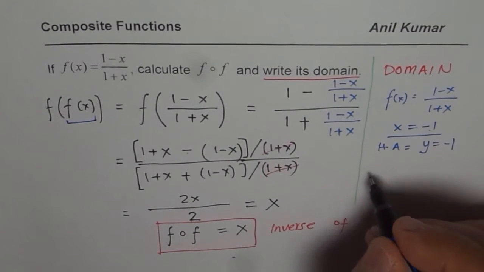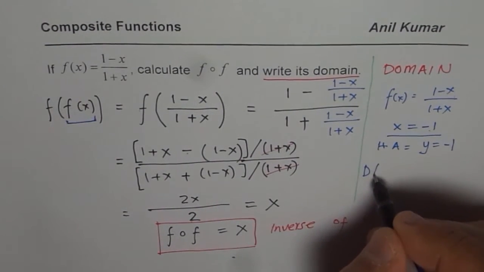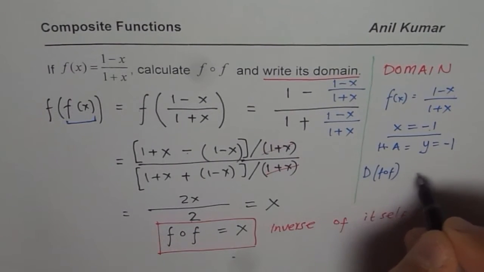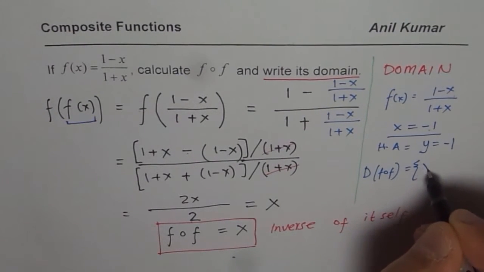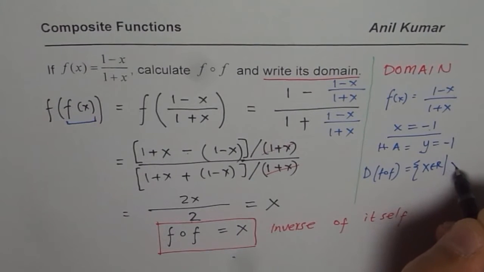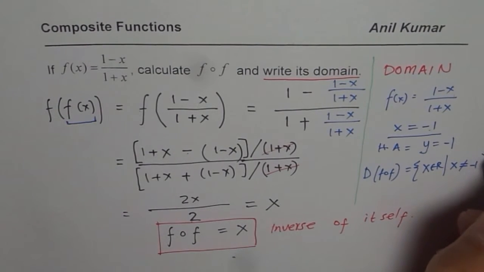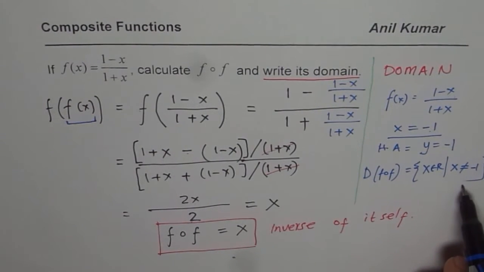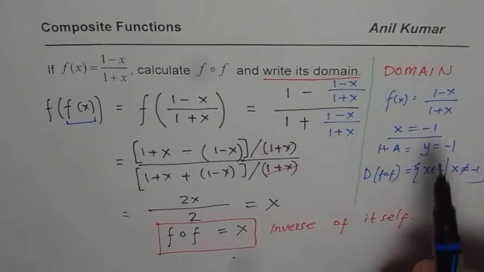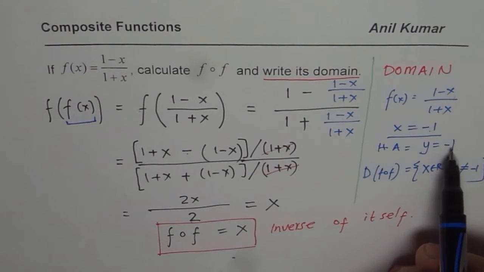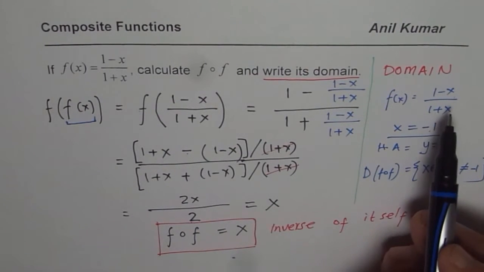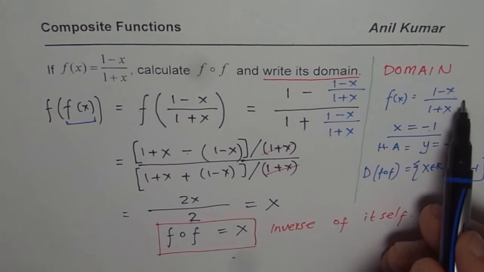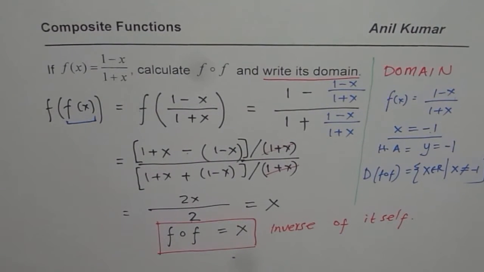So we can write the domain of this function of function as x belongs to real numbers where x is not equal to minus 1. It is important, however, to always check that the range of the inner function follows the domain of the outer function, right? So I think that makes things very clear.